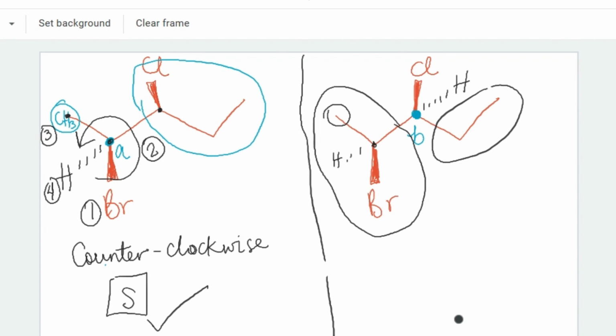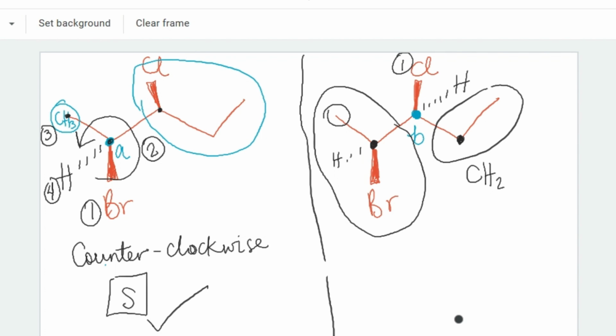so it's coming forward. So knowing and using the rule of atomic number to prioritize, we know chlorine has the largest atomic number, and then we have this carbon atom attached to this carbon here, as well as this carbon. This carbon here is the ethyl group, is attached to CH2, right?